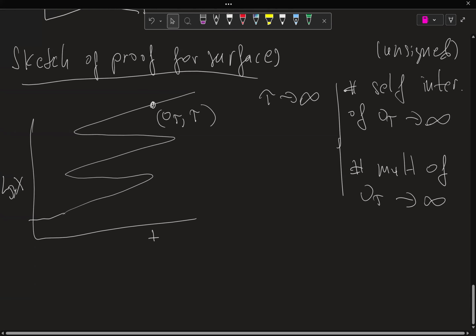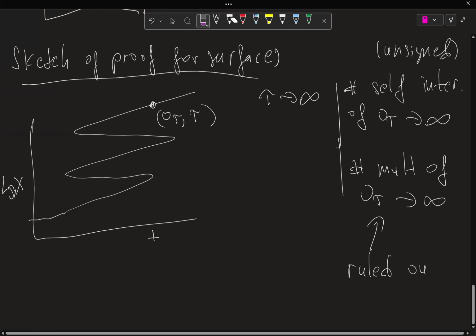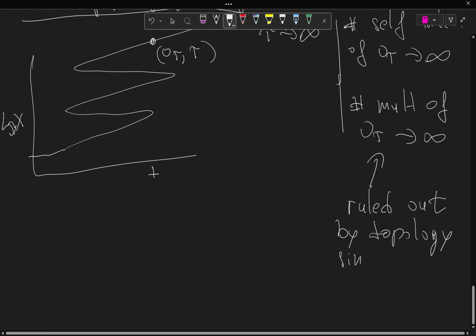And well, this is of course possible by topology. So this is ruled out because we're in a fixed homotopy class, right? Since beta is fixed and is not infinitely divisible.